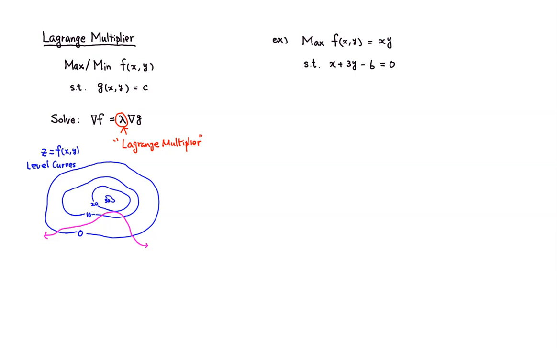Let's say the hiker took a certain path, which is in purple. This curve is the path of the hiker, which corresponds to this constraint, g of x comma y equals some constant.